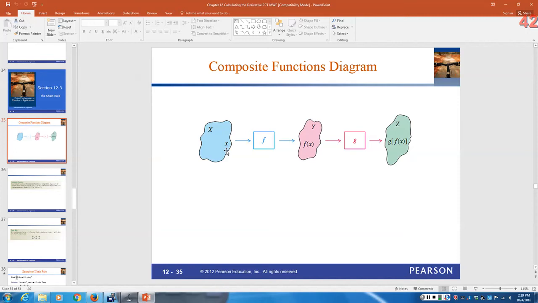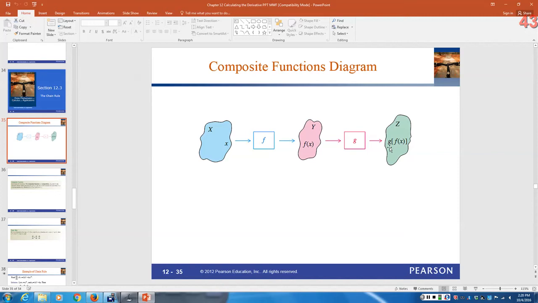You have values of x that can be plugged into a function that give you values of y, called functions of x. Y and f of x are the same thing. You can take the result of plugging x into that function f and plug it into a new function g, and you have something called the composition, g of f of x.